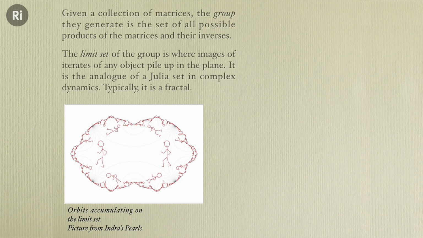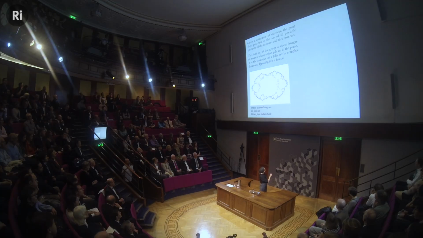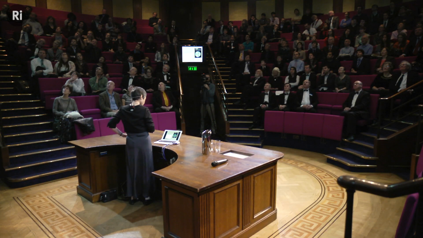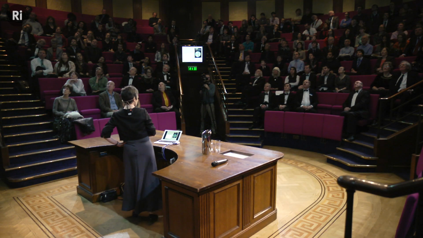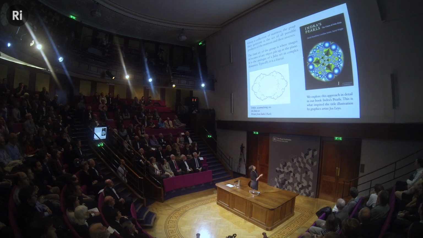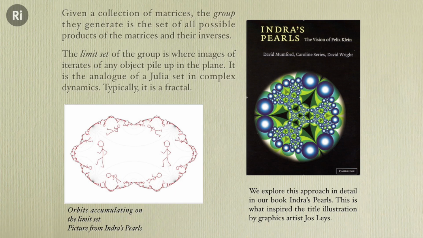You can also think of it as the chaotic set. When you get to that level, everything's moving around chaotically. In fact, you don't quite see it in this picture, but this boundary here is a very complicated and rather beautiful fractal curve. Now, I'm not really going to go into this too much this evening, but I wrote a book some years ago with these other people.